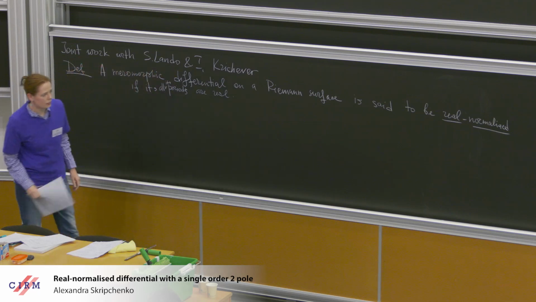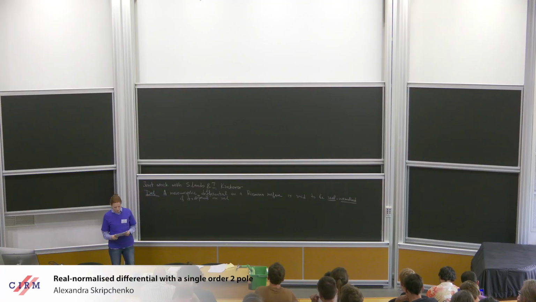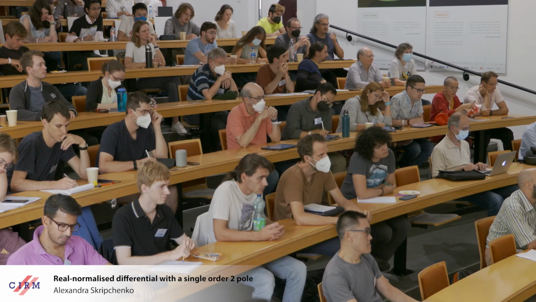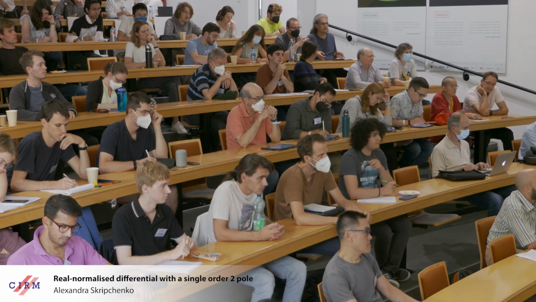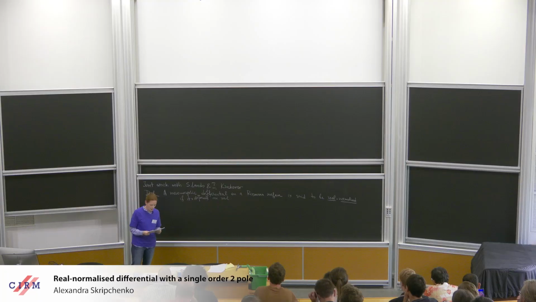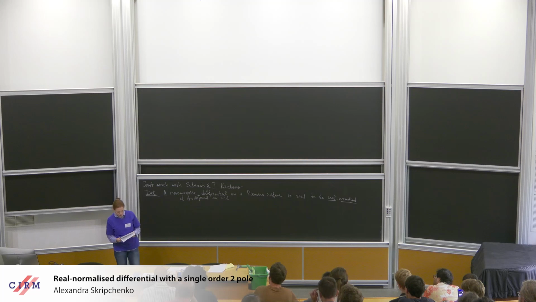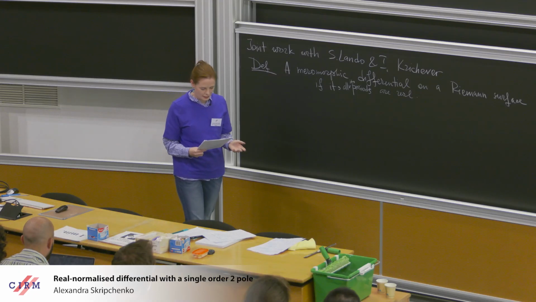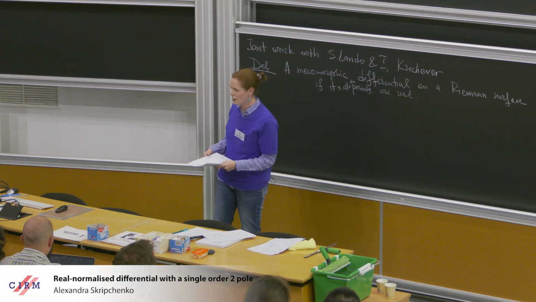So this notion, in reality, has a lot in common with the concept of harmonic function on a punctured Riemann surface. Because once you are given a real normalized differential, you can consider an abelian integral, take an imaginary part of it, and what you will get this way will be a single-valued harmonic function.